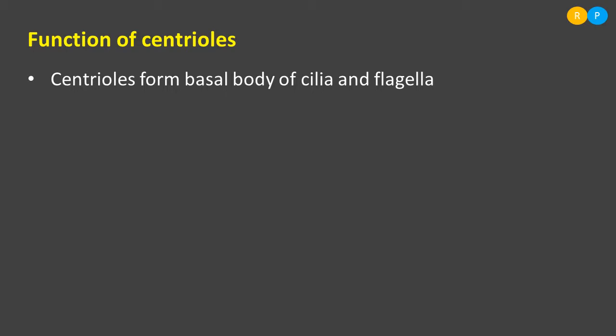If you see the structure of protista like Euglena and Paramecium, the formation of cilia and flagella takes place from the plasma membrane. Clear? The basal bodies of these two structures are actually formed by the centrioles.